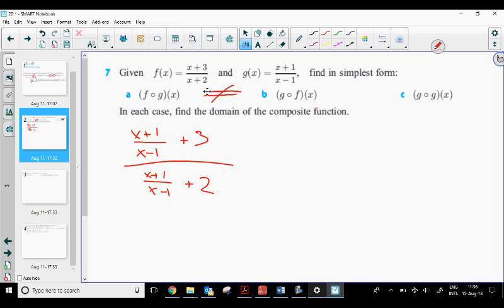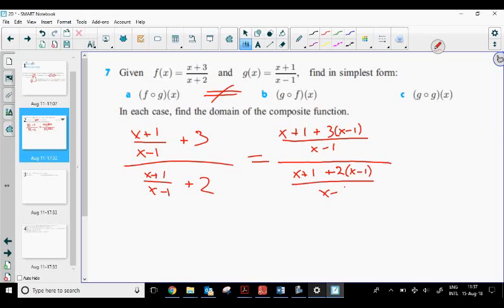This is exciting. This is a whole lot of fractions. Boy, you better be loving this right now. We're going to combine the denominators here. So this is going to be plus 3 times x minus 1 all over x minus 1, all over x plus 1 plus 2 times x minus 1 all over x minus 1. Whenever I see this, where the denominator is the same for both of these, just cancel it out.